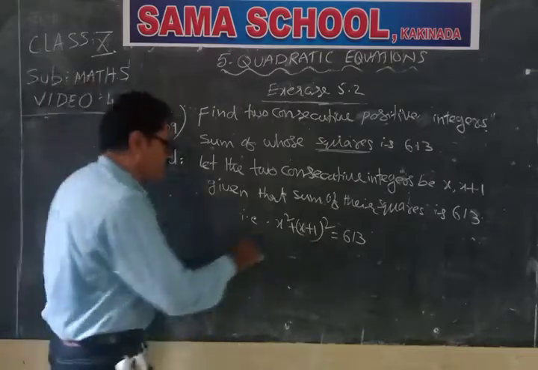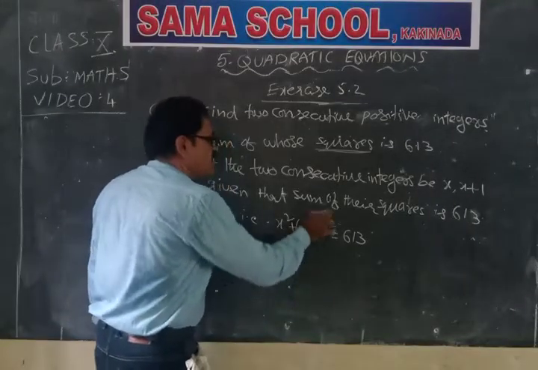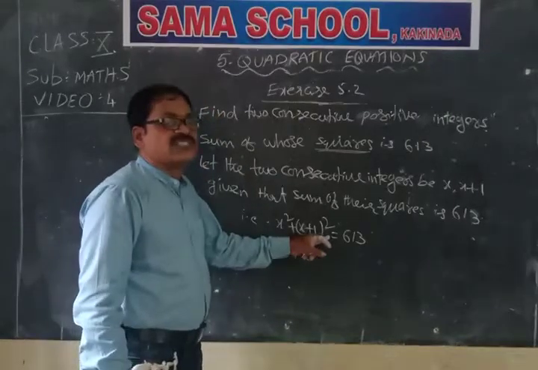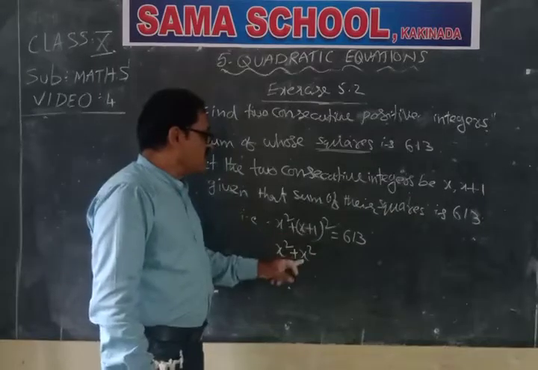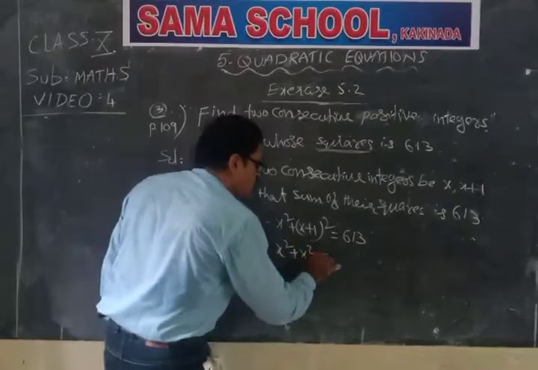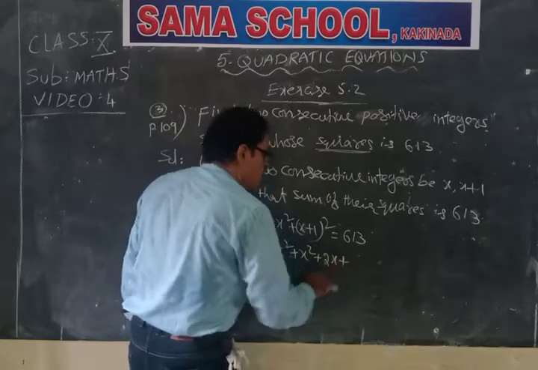Still simplify. (x plus 1) whole square is in the form of (a plus b) whole square. A means x, b means 1. A square plus 2ab plus b square. That means x square plus 2x and b square means 1.